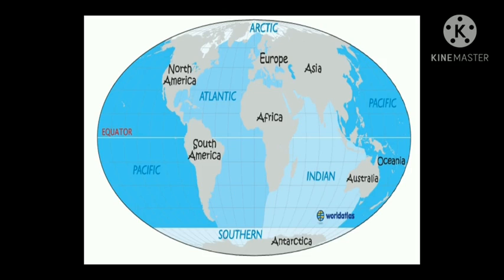One of the most important things is that Arctic Ocean is connected to the Pacific Ocean. How is it possible? It is connected with the Pacific Ocean by a narrow stretch of shallow water known as Bering Strait. In the previous class, we have already discussed the term strait.